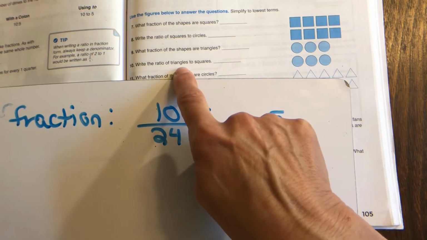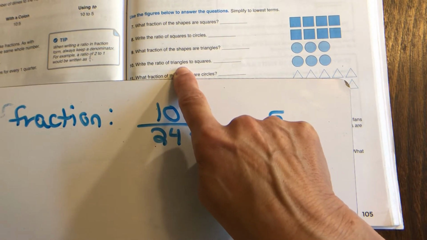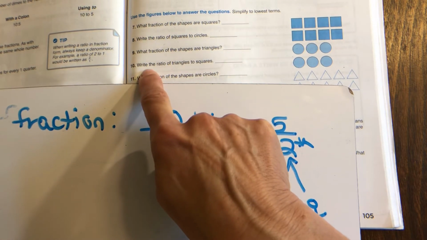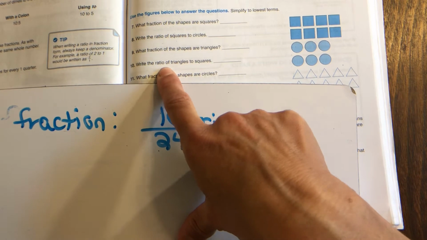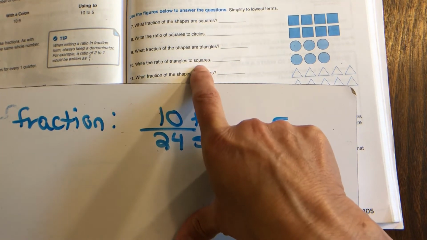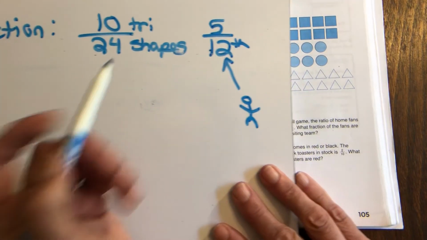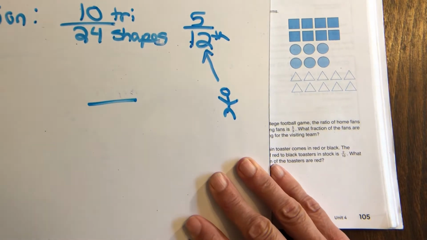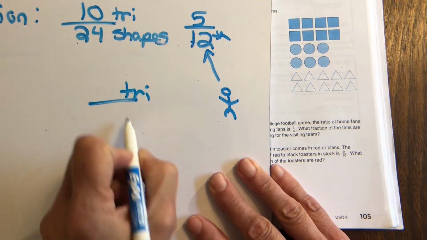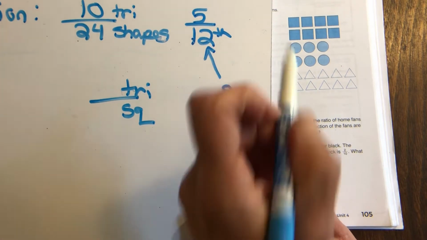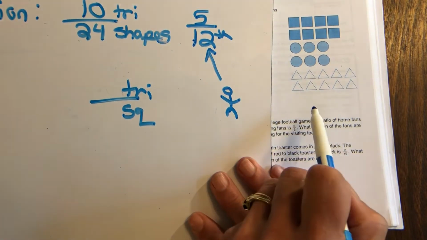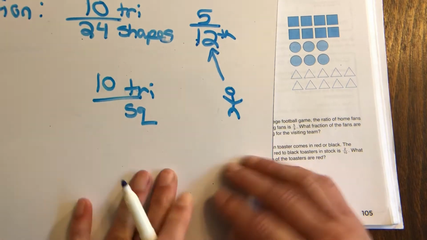One more. We're going to do one more. So looking at number 10, write the ratio, different set of rules, of triangles to squares. So ratio, remember, write your fraction line, label triangles, label squares. That was the order they asked it for. Triangles, we know from the previous problem, was 10, right?